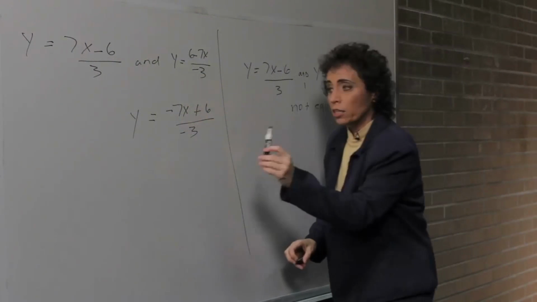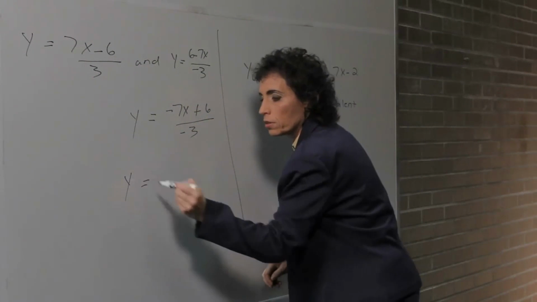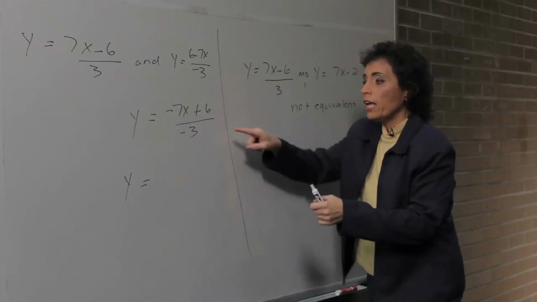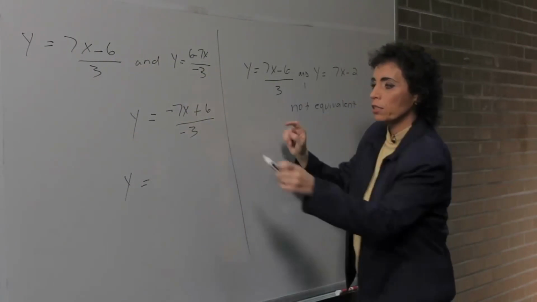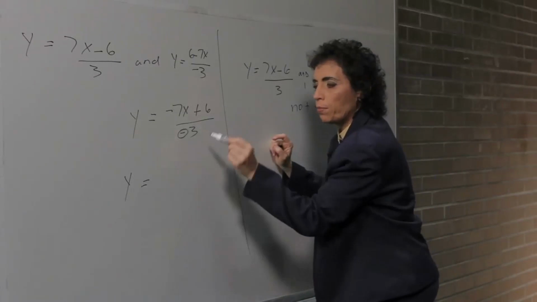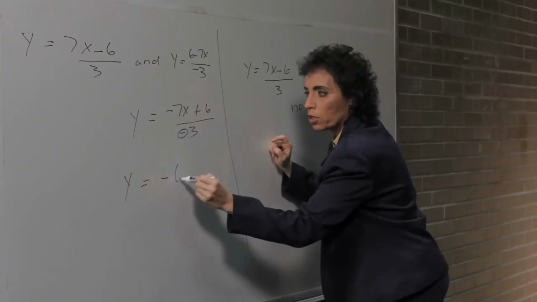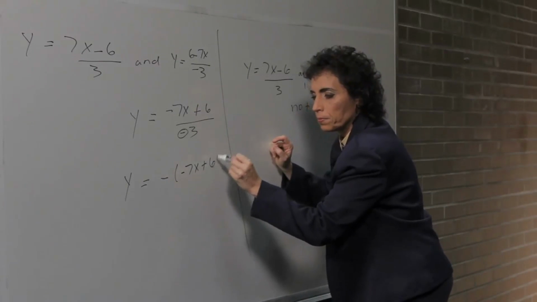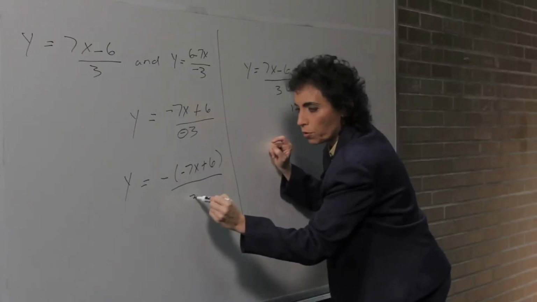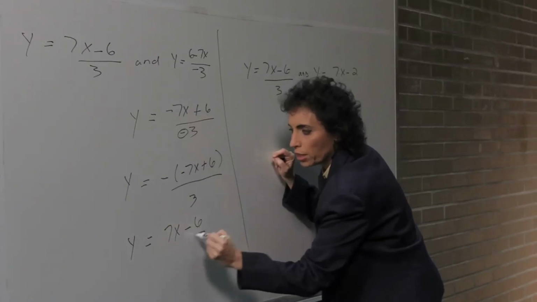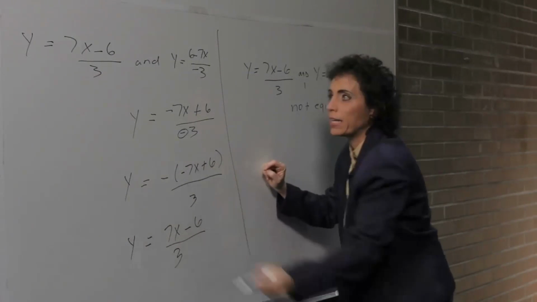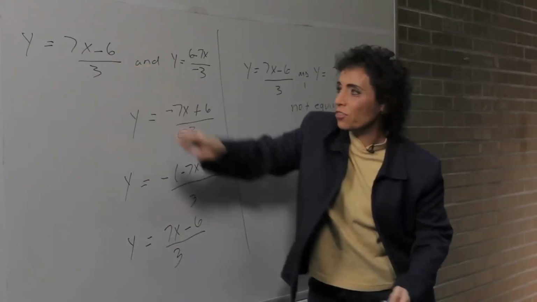To do that, watch. Remember we learned previously that if there's a negative, it doesn't matter where the negative is, top, bottom, or middle. So if we take the negative out of the bottom and we put it in the top, it's going to look like this, over 3. And that gives us 7x minus 6 over 3, because we have to distribute that negative, which is the same as this.